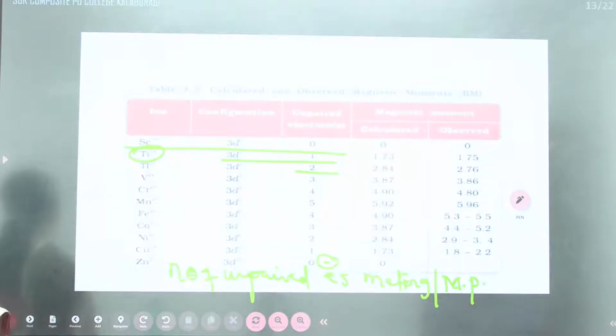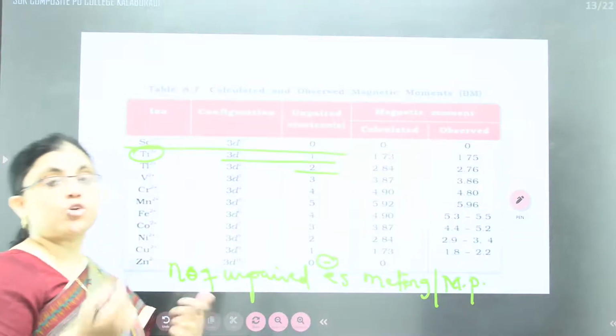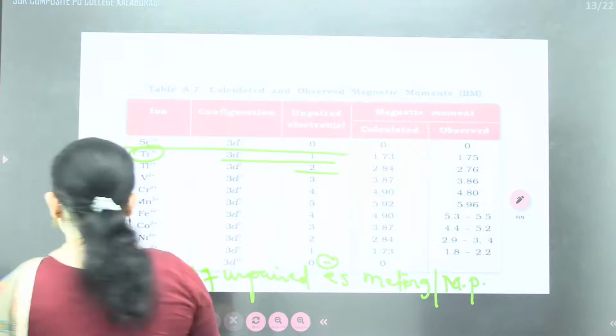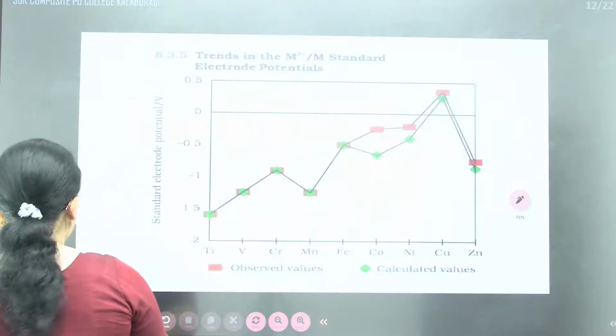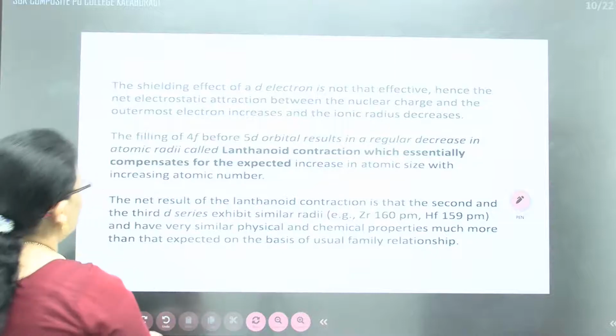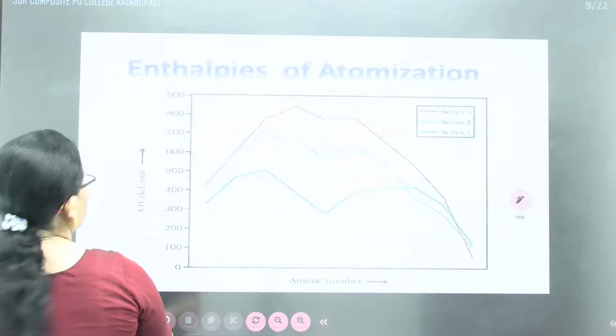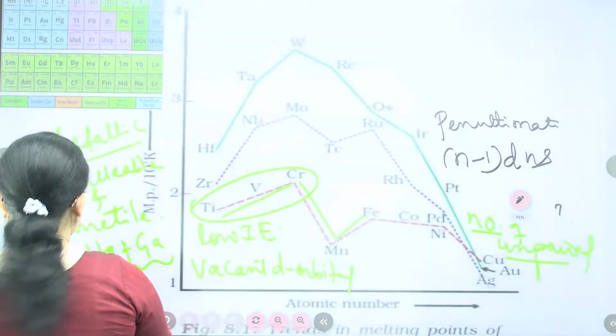The melting point is decided on the basis of the strength of bonding, which is roughly related to the number of unpaired electrons. When there is strong bonding, we can say they have a high metallic character.